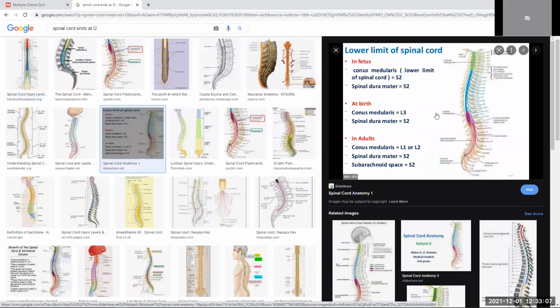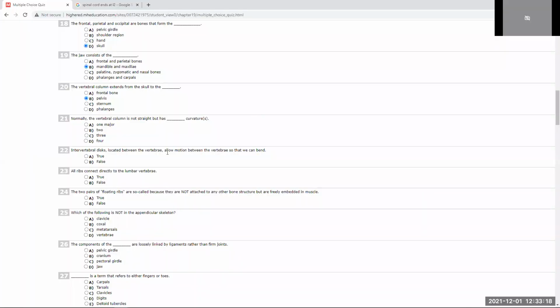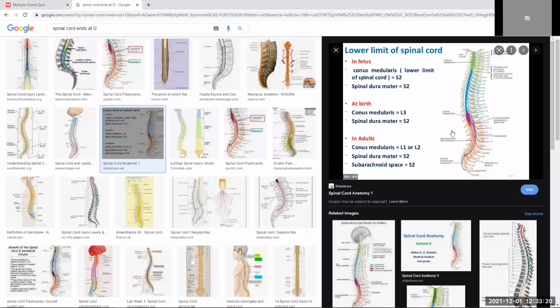So it could be L1 or L2, either one. So it stops there. And then you do have nerve extensions from it, but the cord itself stops there. Then you have the extension occurring via those nerves.